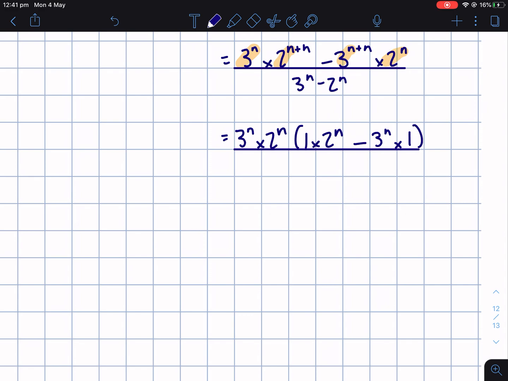See what's about to happen? I've got 3 to the n times 2 to the n times (2 to the n minus 3 to the n), which you may be thinking is upside down, the opposite way around with the minus from what we want. We know how to deal with that. We've learned how to deal with that.